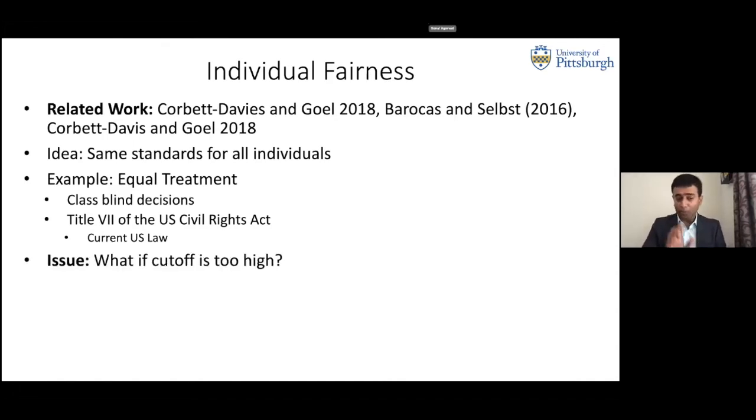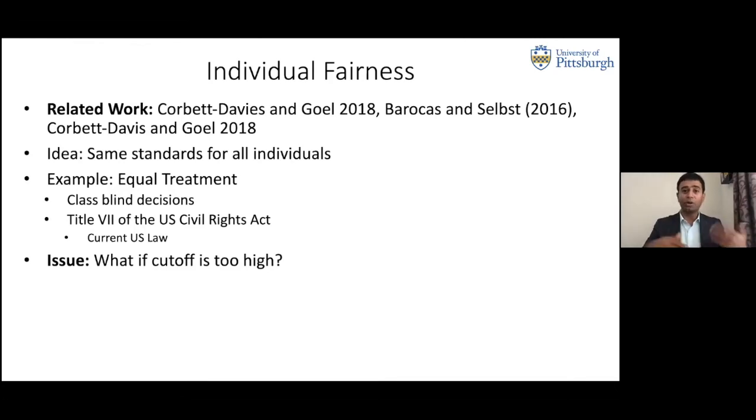But the problem with this kind of fairness notion, individual fairness notions, is that many times the cutoffs can be very high. For example, in the US, if you are a bank and you decide that anybody whose credit score is more than 750, I'm ready to give a loan to them. But a 750 credit score in the US can be too high for African Americans.